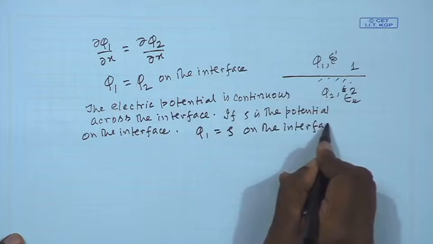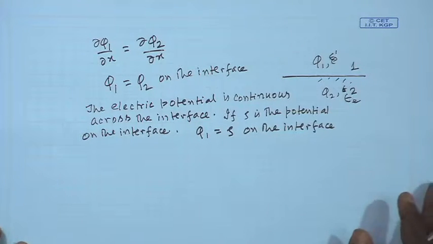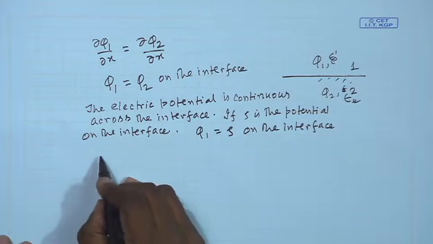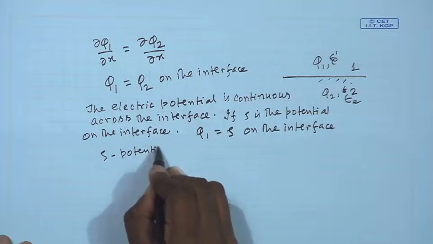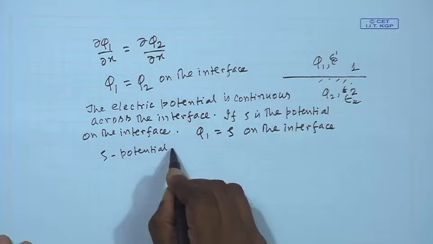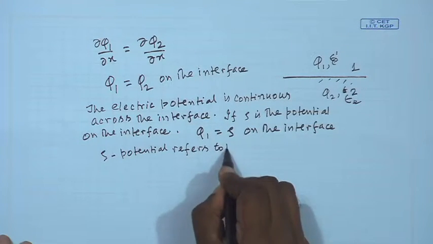This is called the surface potential, also referred to as the zeta potential.